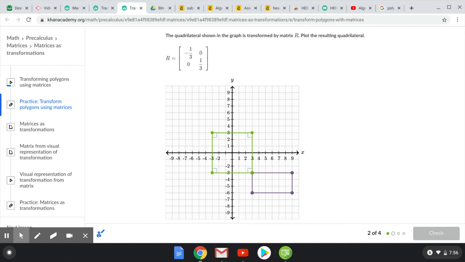So I can essentially take each of the corners of my polygon, each vertex of my polygon, and I can write that as a point in a matrix. So for this question, this purple rectangle is the one we're transforming, and then we're going to be moving this green thing around to get it to the right spot.